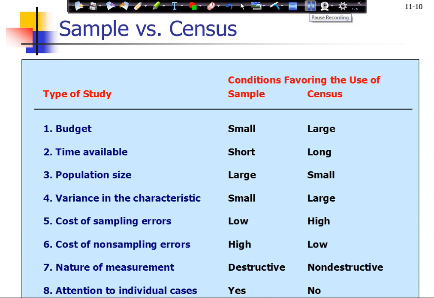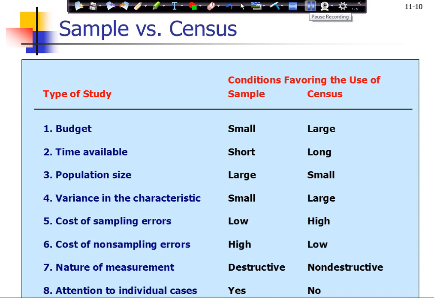The sampling error arises from the fact that only a part of population is used for estimation. That is, the sample selected doesn't exactly represent the population. The characteristics of sample differ a bit from the actual characteristics of population.